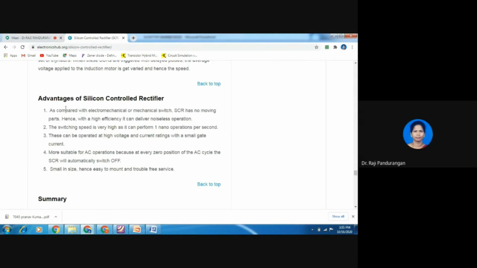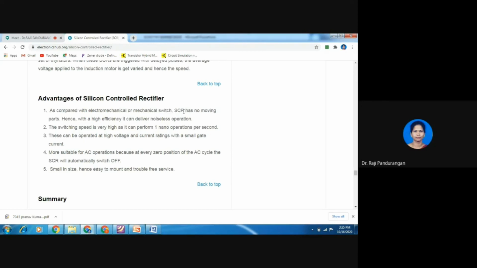Now let's see the advantages of it. What are the advantages compared to electromechanical or mechanical switches? SCR has no moving parts, whereas in mechanical switches there has to be some movement. Even in a watch we see that, isn't it? Big clock towers, which you might have seen in some movies, use mechanical switches.